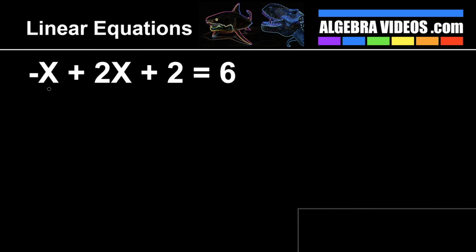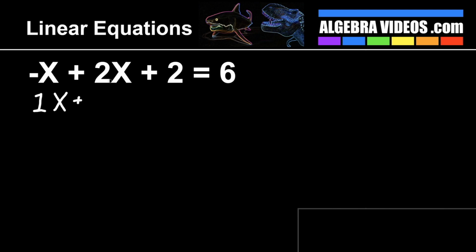So this x term and this x term are very similar. So let's combine those. We've got a negative x plus 2x. That's the same as negative 1 plus 2x. Well, that simplifies to just a positive 1, times x. And then I'll just rewrite everything else the same.